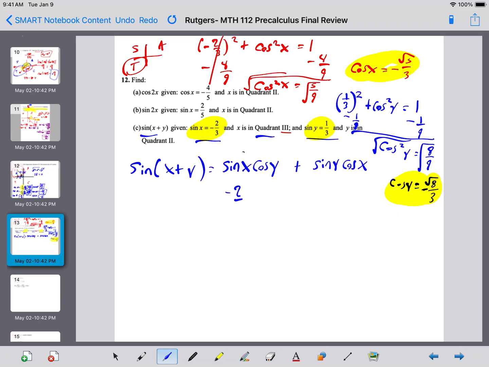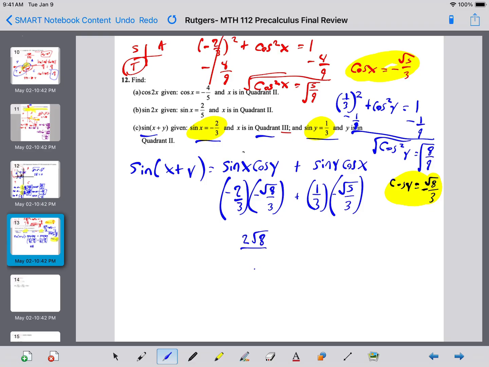So sine of x, negative 2/3, cosine of y, negative radical 8 over 3, plus sine of y is 1/3, cosine of x is negative radical 5 over 3. So now I have positive 2 radical 8 over 9 plus negative radical 5 over 9. So we have 2 radical 8 minus radical 5 over 9.